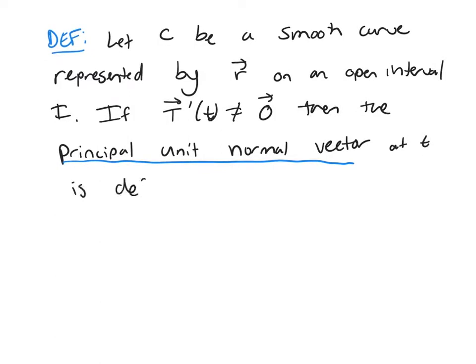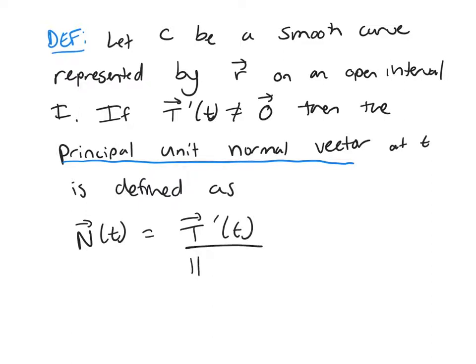It has the following formula: N of t is T prime of t over the magnitude of T prime.